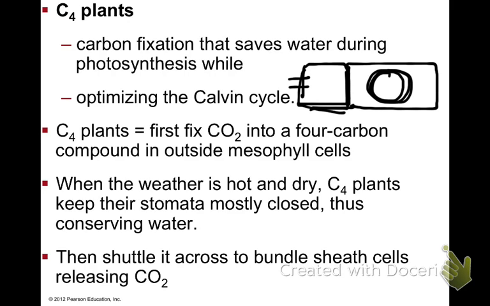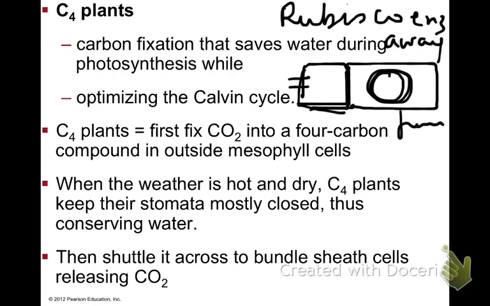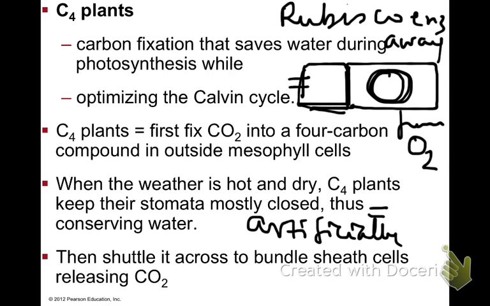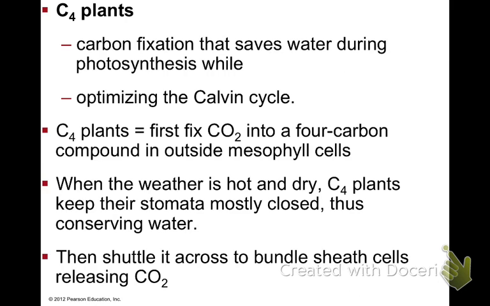Meaning they are trying to keep Rubisco enzyme away from oxygen and artificially create increased levels of carbon dioxide in this specific region. So Calvin cycle will take place without a problem.